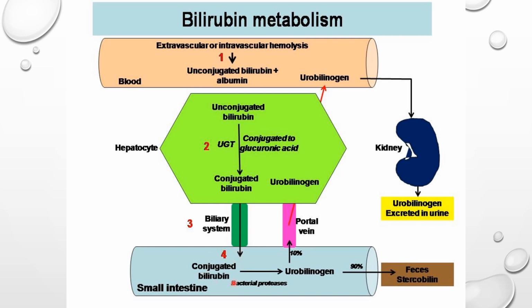From the small intestine, this conjugated bilirubin gets converted into stercobilin and urobilinogen with the help of the bacterial flora, and 90% gets removed from the circulation and is excreted in the feces. 10% reaches the hepatocyte and then finally the blood and gets removed as urobilinogen through the urine.